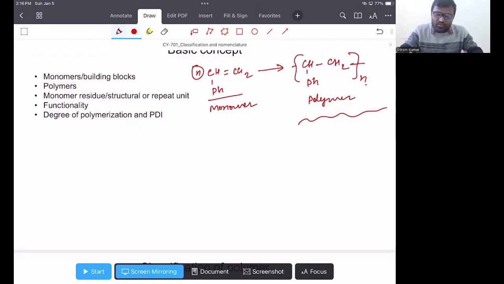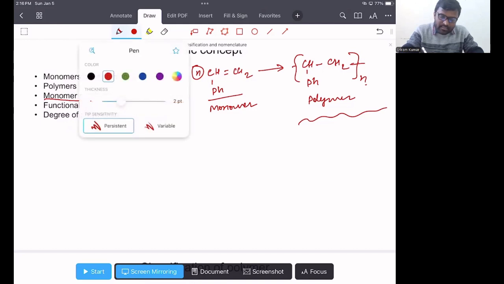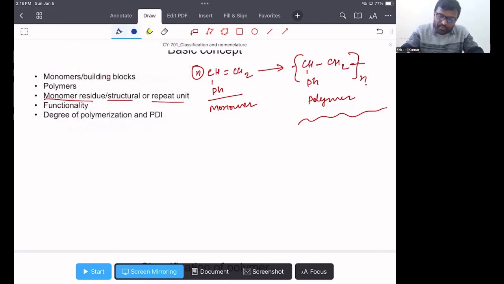Now we understand about monomers and polymers. The other thing here is the monomer residue, the structure of the repeat unit. So in the polymer, this is the repeat unit, right?